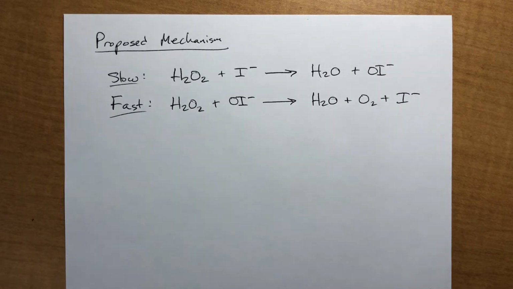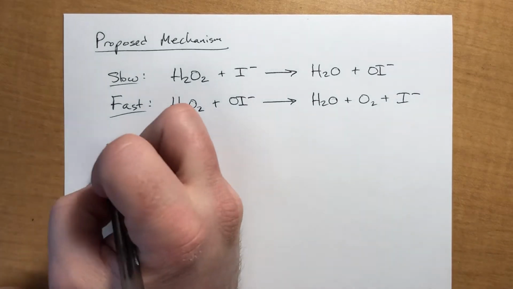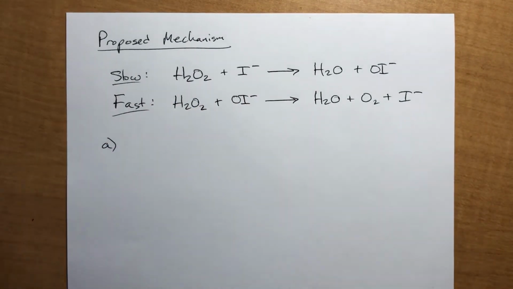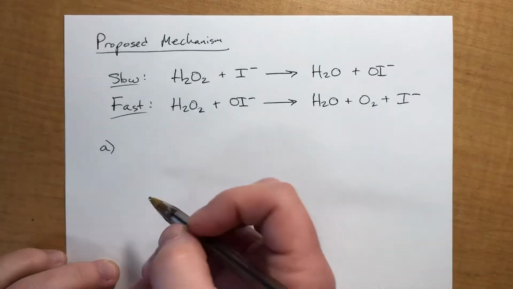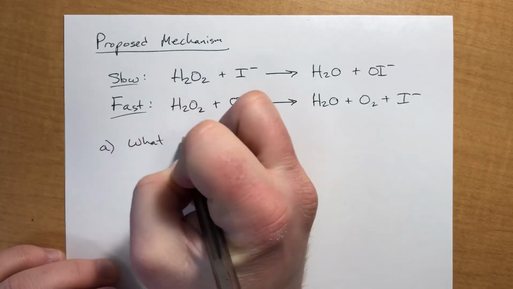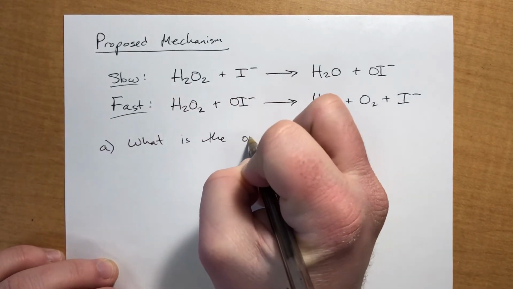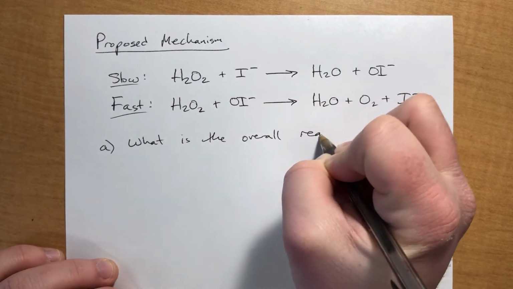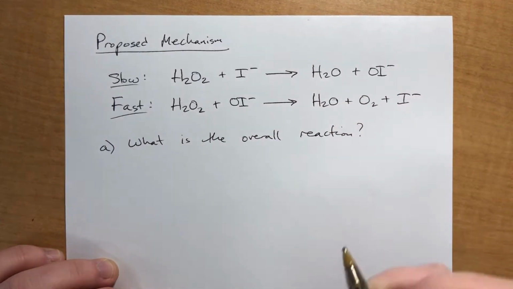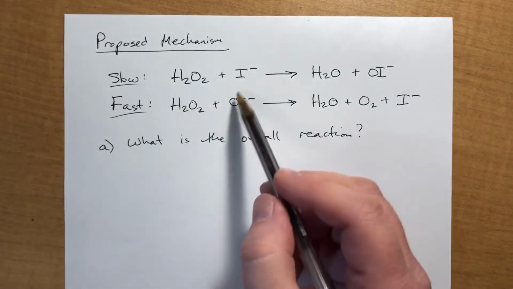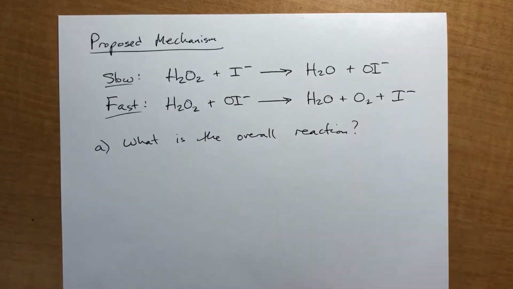So if you are given a mechanism, there are a couple of things that we should be able to get out of this. One thing is, what is the overall reaction? Typically we write all the reactants on one side and all the products on the other side, and anything that's the same on both sides, we cancel it out.